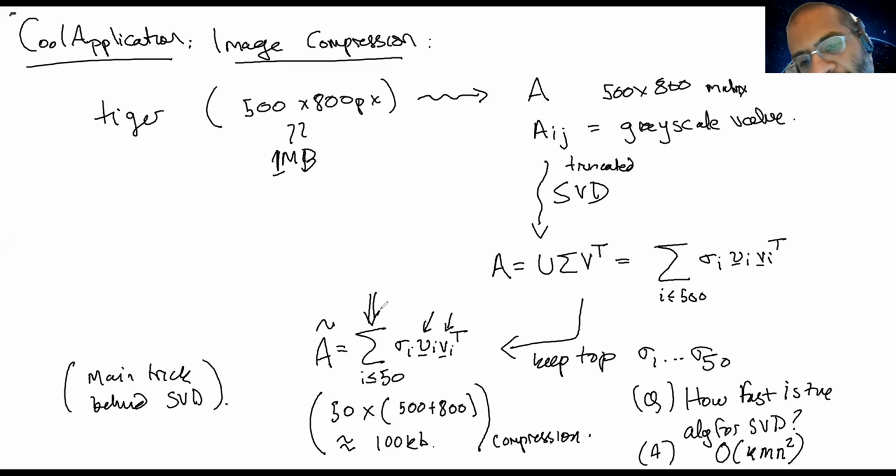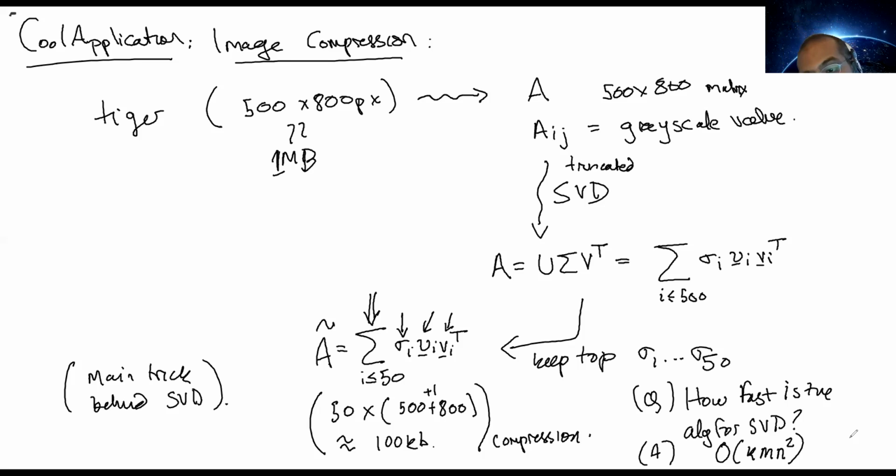For each term, you need to store one number, the singular value. I'm just not counting that, so it's really plus 1. But now to store the u v transpose, the point is you don't need to write the whole matrix. You just store u and v. u is a vector which has 500 entries, and v is a vector that has 800 entries. So that's 500 plus 800. Does that answer the question?